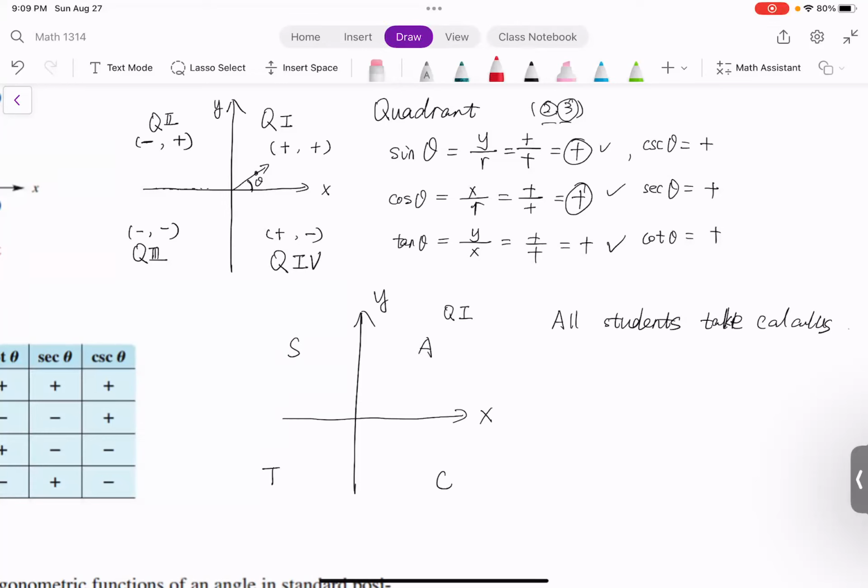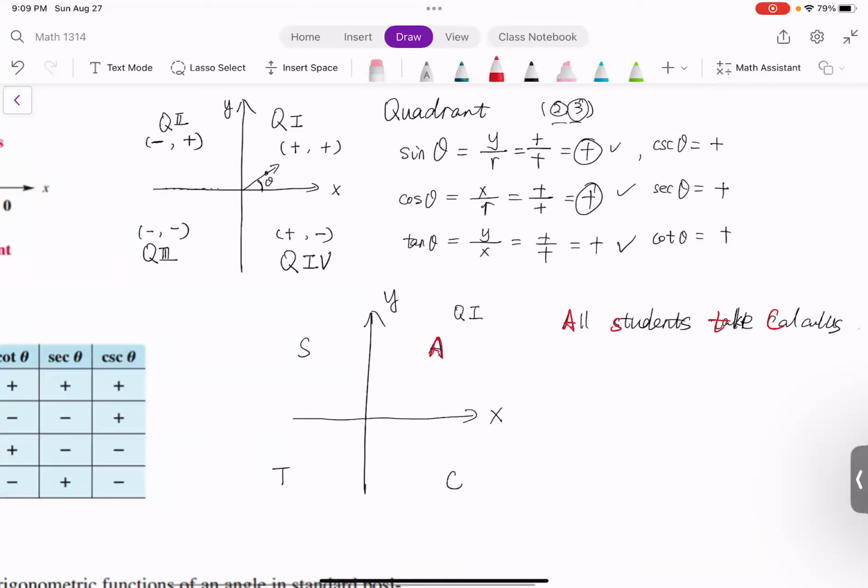So A, S, T, C. What's the meaning of A? A represents all 6 functions. They are positive in the first quadrant. And S represents sine. So sine is positive in the second quadrant.